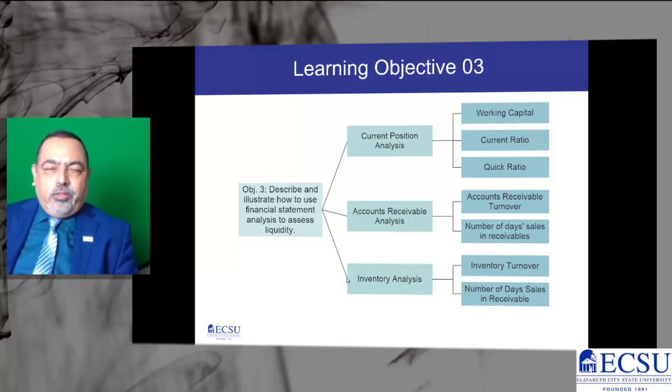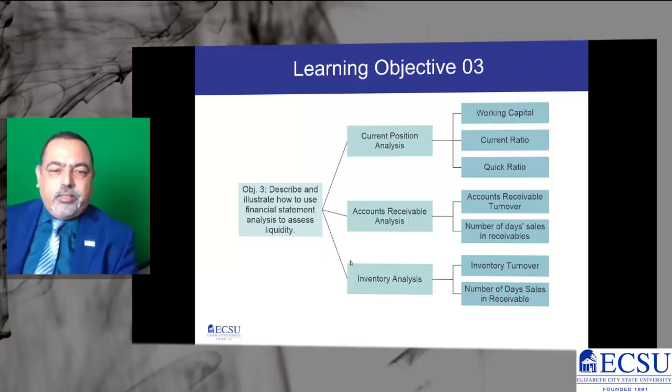In this, I'm going to cover the third learning objective, that is, describe and illustrate how to use financial statement analysis to assess liquidity. Now, in case of liquidity, we are going to talk about the current position analysis, the accounts receivable analysis, and inventory analysis.